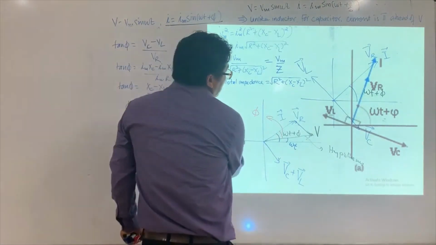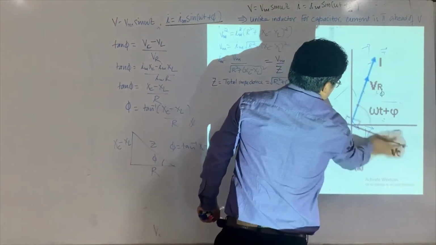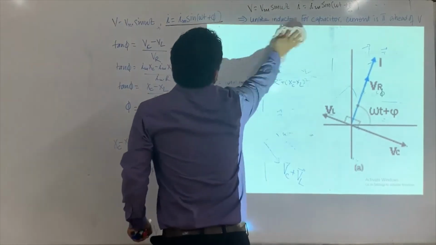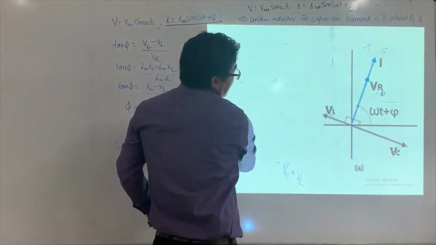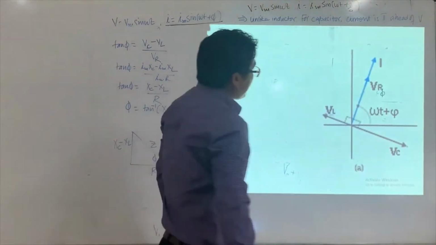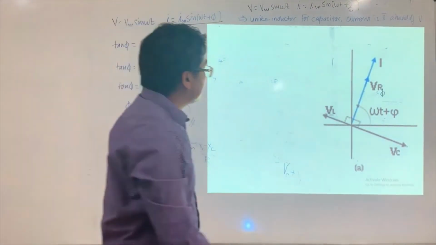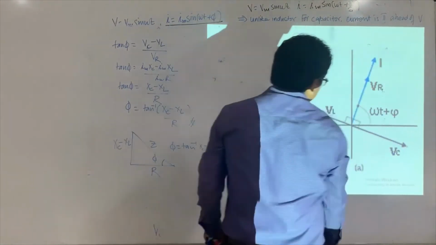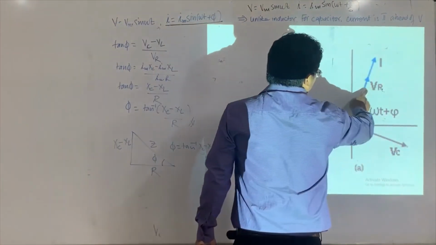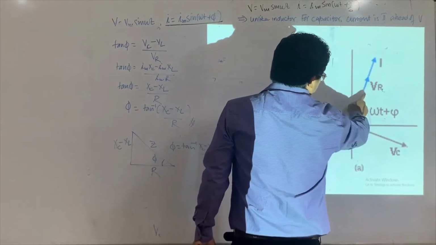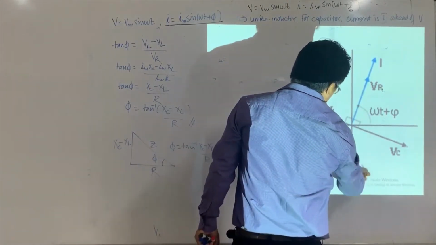Let me do a small recapitulation with the textbook diagram. This is the phasor diagram I just explained. This is the phasor voltage and phasor current across a resistor. This is the voltage across the resistor, and this is the voltage across the capacitor.